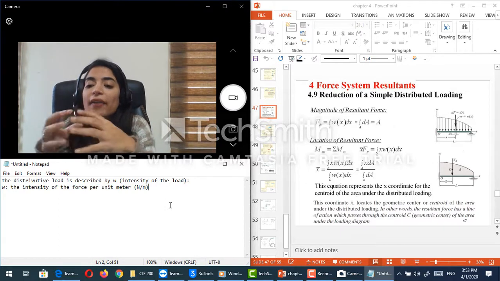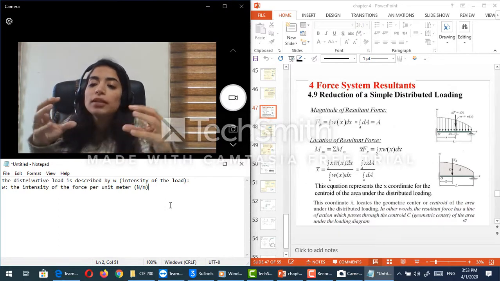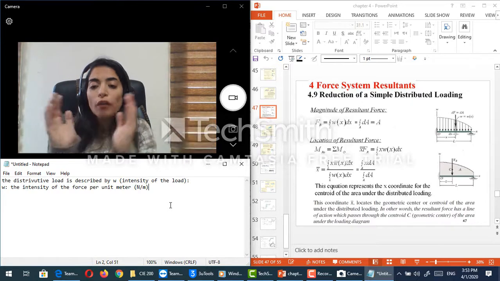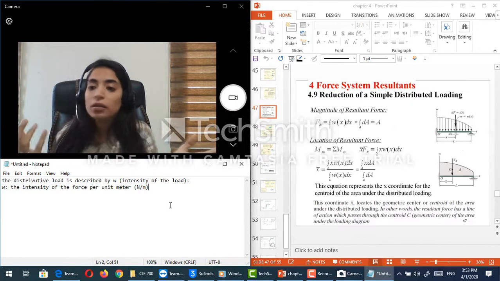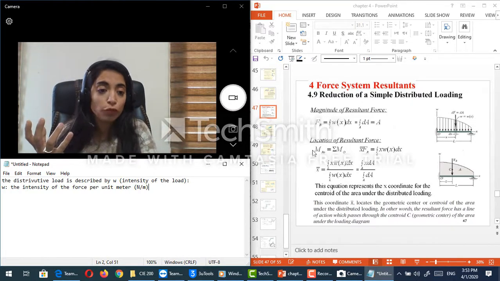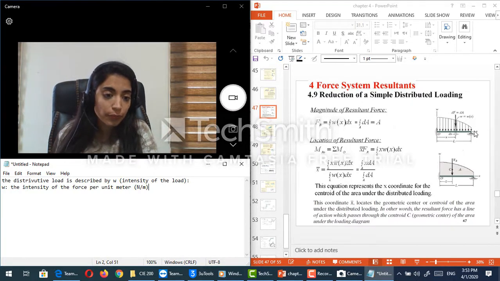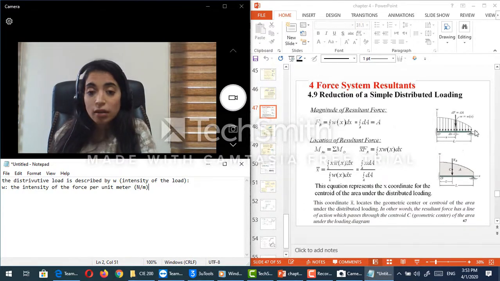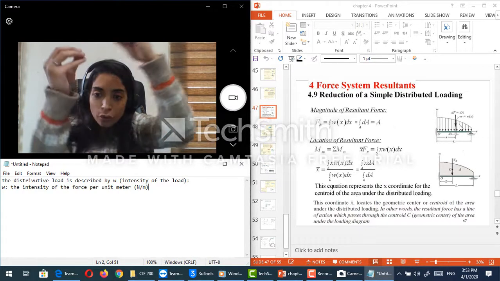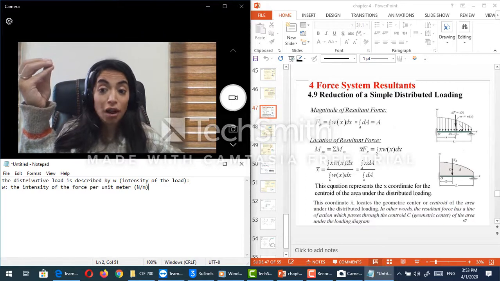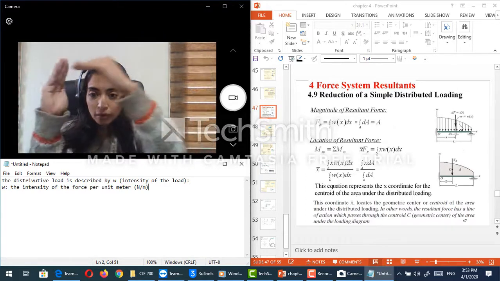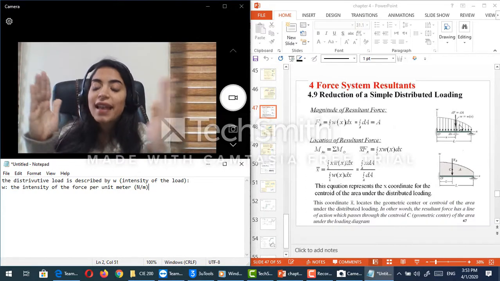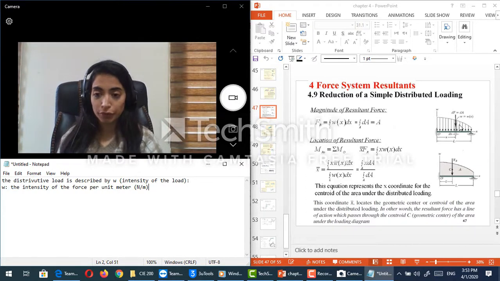So I have here a uniformly distributed load of 800 kilograms per meter. Now I can also have a non-uniformly distributive load like this case, for example. So in this case, guys, I have a curve that describes omega. It is not a rectangle, which means this is not a uniformly distributive load.